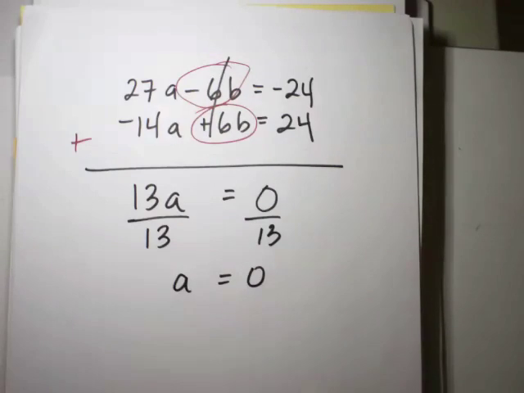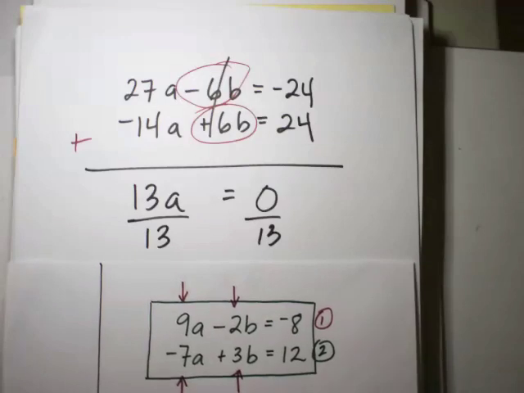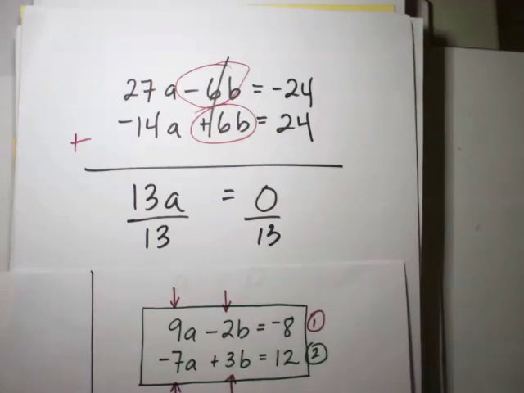All right. So now that we have a, we can substitute back into the original equation to solve for b. And remember, it's always very important to go back to the original equation. Don't work with the equations that you multiplied. Always go back to the original equation.